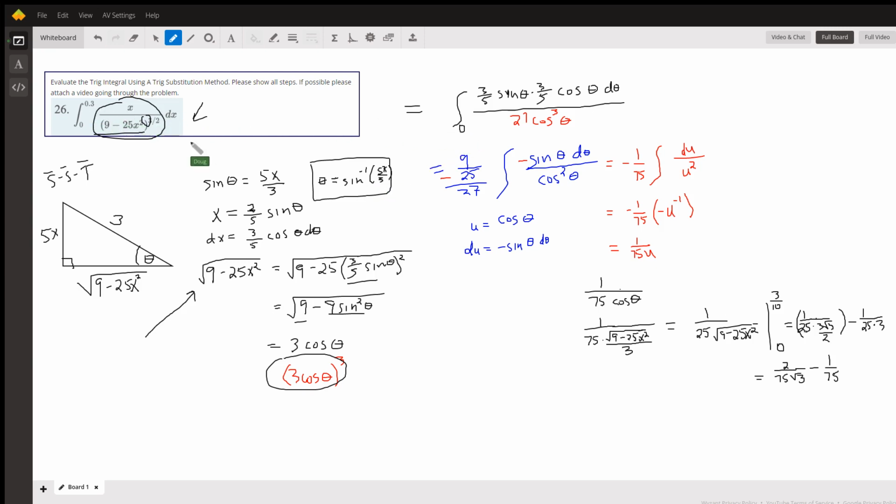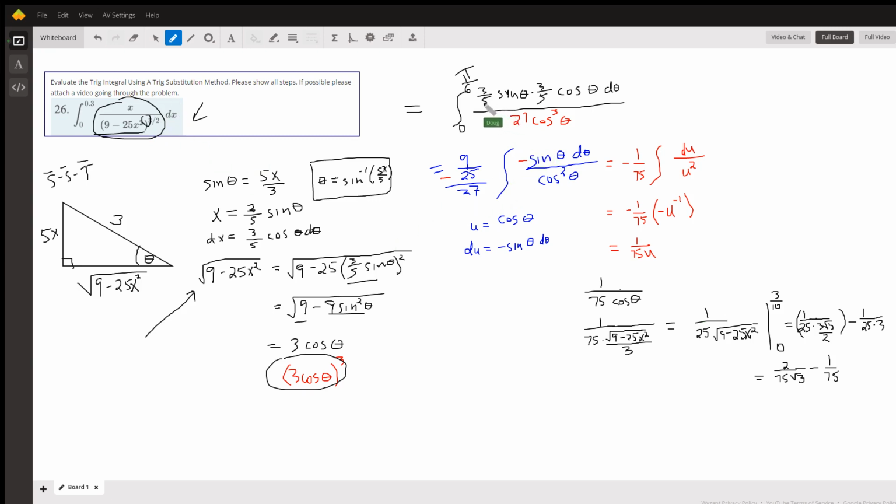But when x is 3/10, we'll be taking the inverse sine of 1/2, which is pi over 6. But then when we do the u substitution, down here we'll have to replace those limits. Again, for this video, I'm just going to take us back to the antiderivative here.